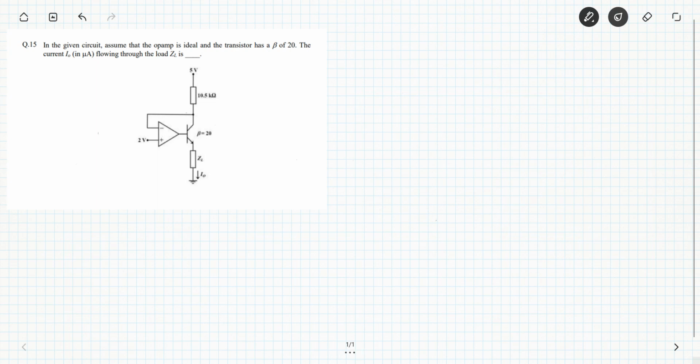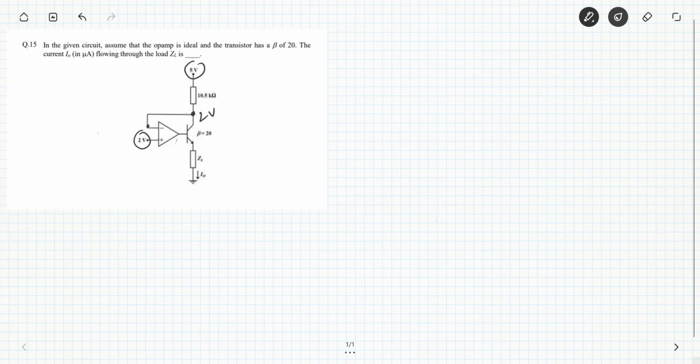Now, the first thing that comes to your mind when seeing an op amp is applying virtual short. So if we apply virtual short, we will get the voltage at the non-inverting terminal is 2 volts. So if we apply that logic, the voltage on the inverting terminal also will be 2 volts, and the voltage here will be 2 volts.